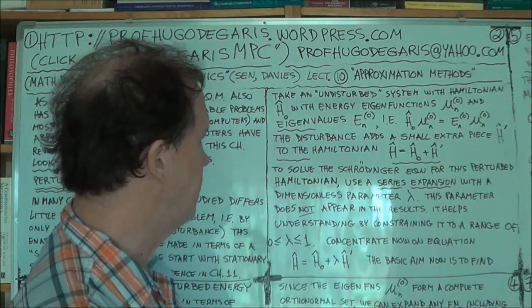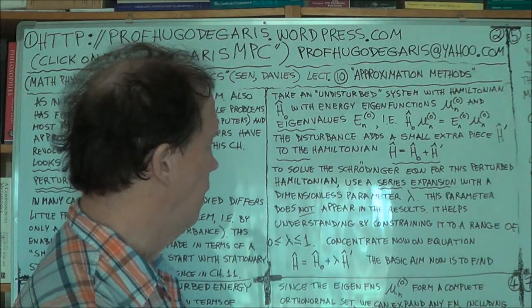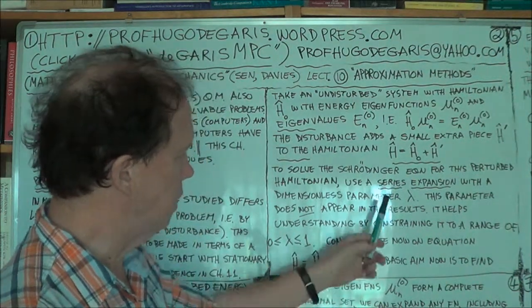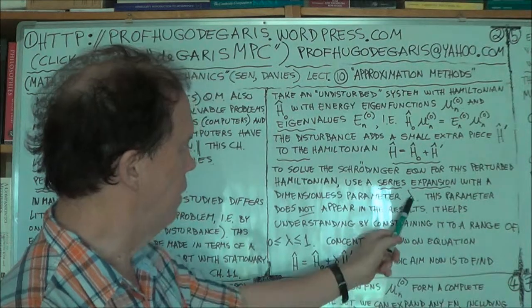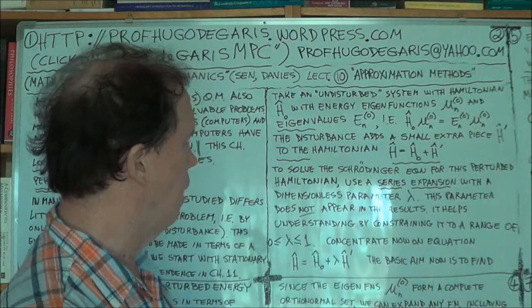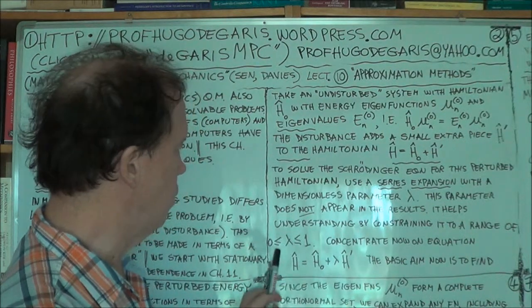Okay. Now we're going to correct this a little bit. Now come down here. Now we're starting to use this lambda parameter. It's dimensionless. Just think of it as a constant, and let it have a value between 0 and 1.